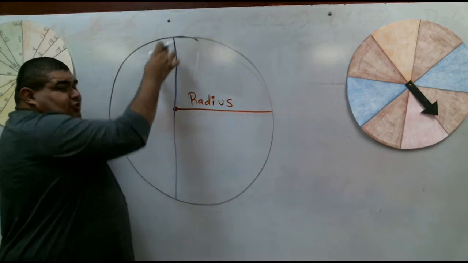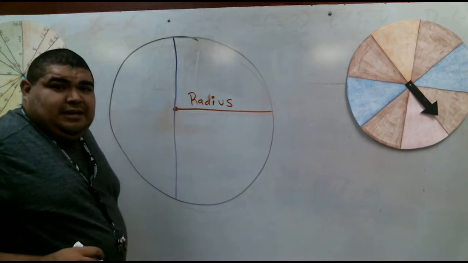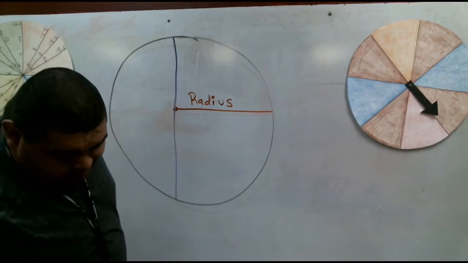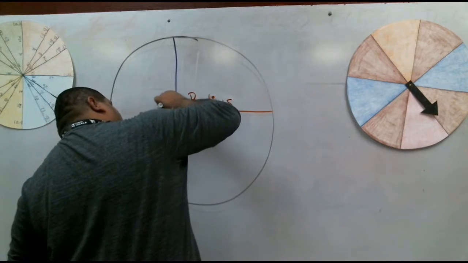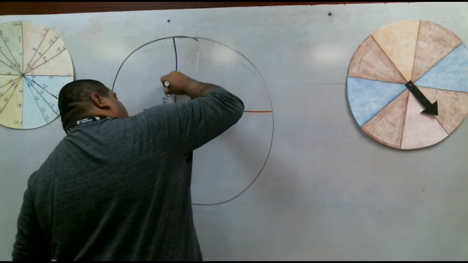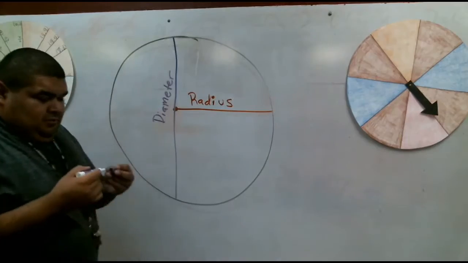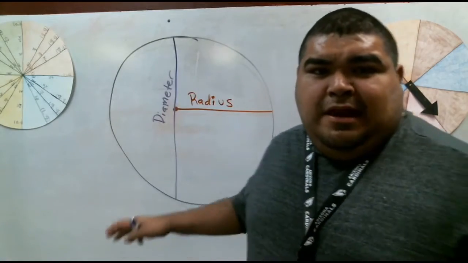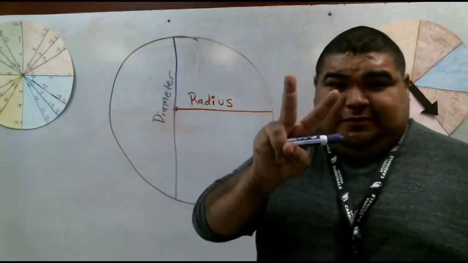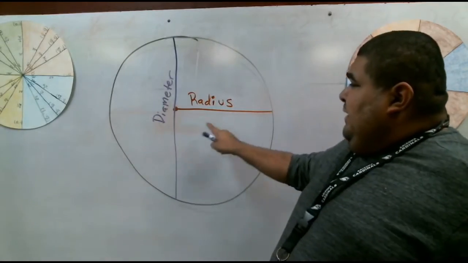It went from one edge all the way to the other. It is called a diameter. Now, we have two parts of the circle already in there. We have the radius and the diameter.